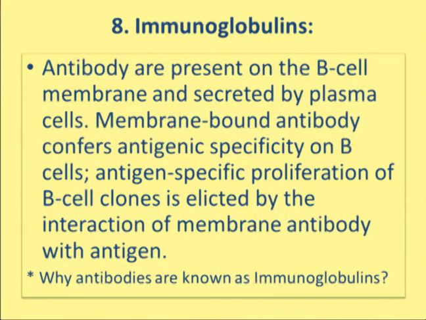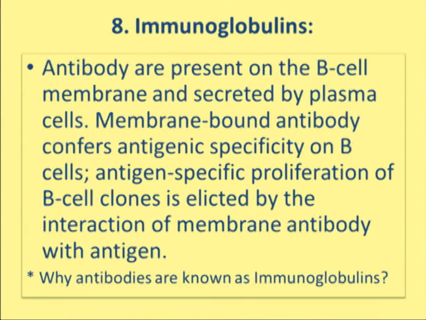In humoral immunity, it is the molecules present in the body fluids, whereas in cell-mediated immunity, cells are directly involved. These cells go and by a variety of mechanisms directly eliminate or kill the pathogen. Now in the next part, we will be discussing antibodies.